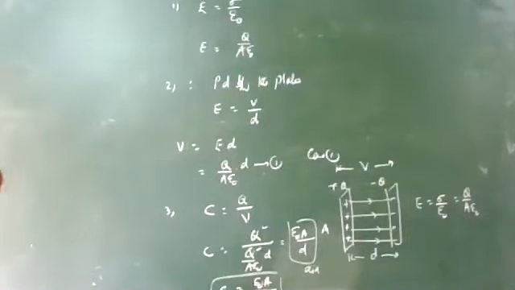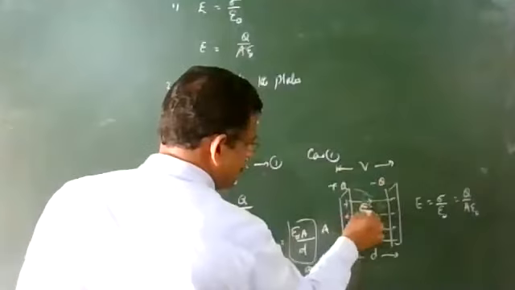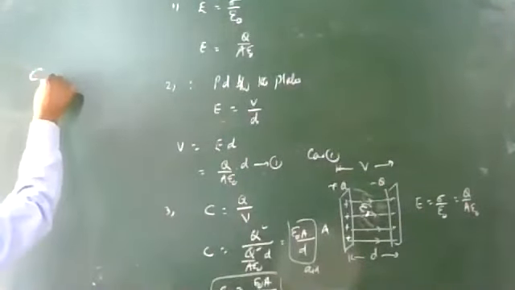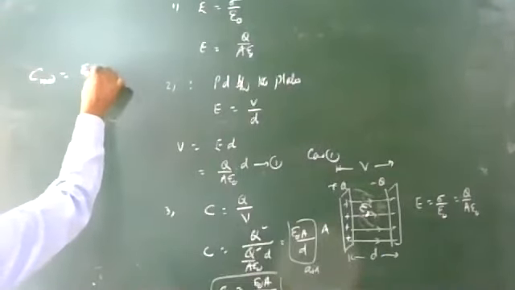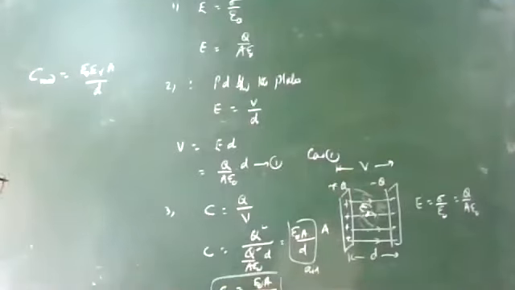If there is a medium with dielectric constant epsilon r, the capacitance in the medium is epsilon 0 epsilon r A by d. So capacitance increases when you add a dielectric medium.